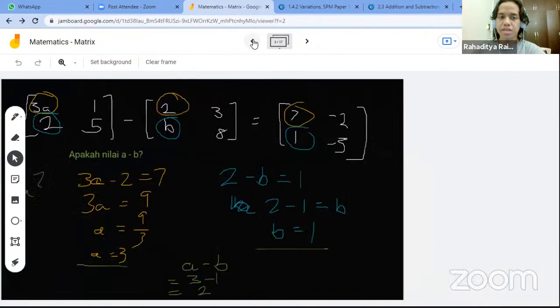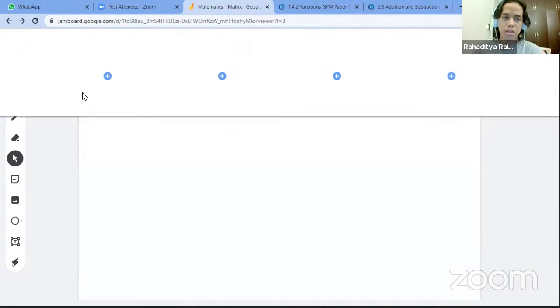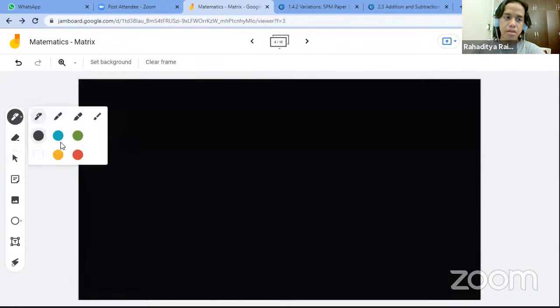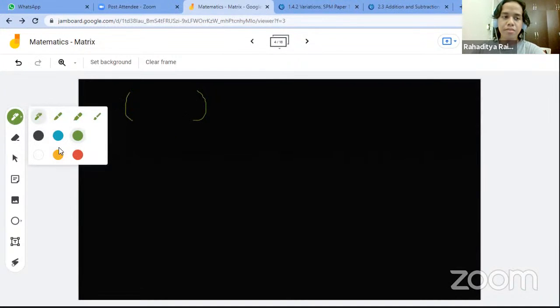Okay, let's go to something simple. So we have two matrices, and these two matrices will, as you know, subtract each other.